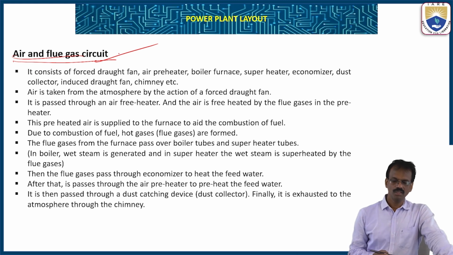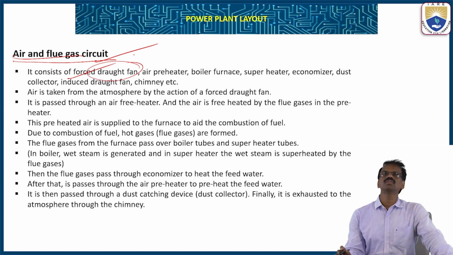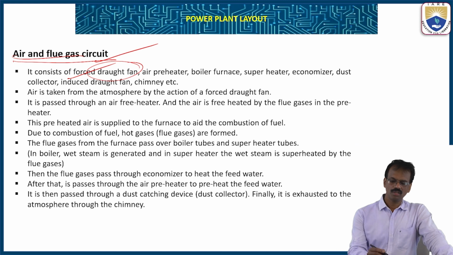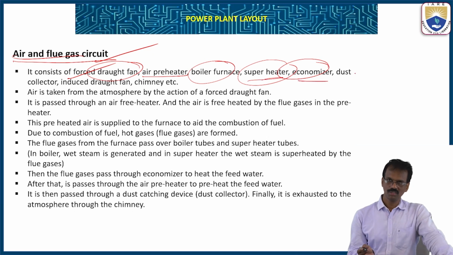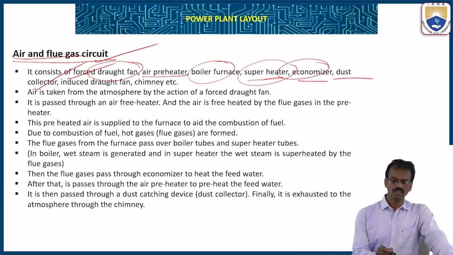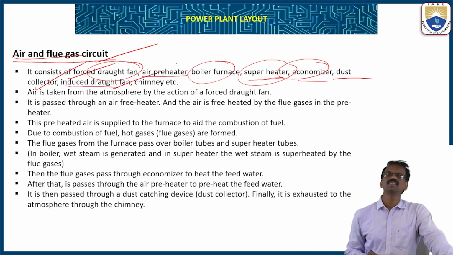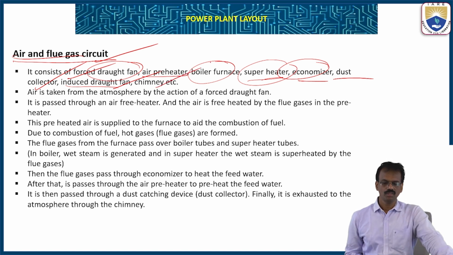Here it consists of the forced draught fan, next the air preheater, next the boiler furnace, next the superheater and economizer, next the dust collector, next the induced draught fan, and next the chimney. These are the important parts in the circuit.